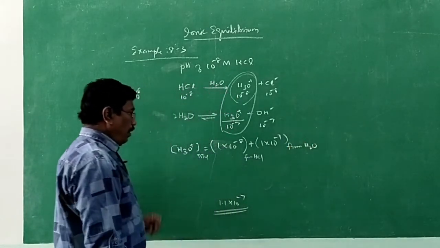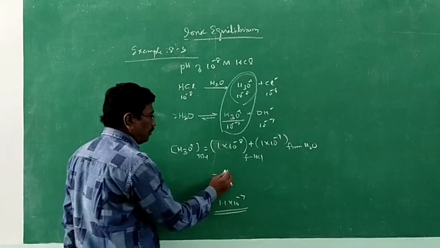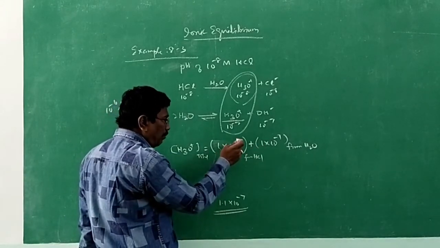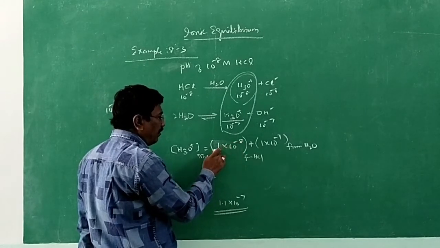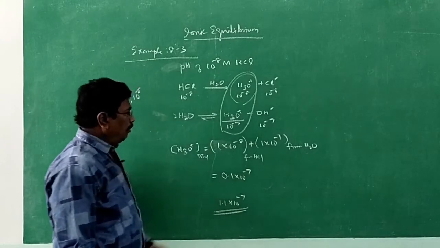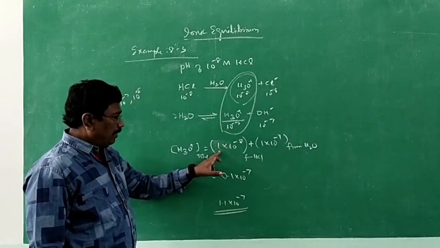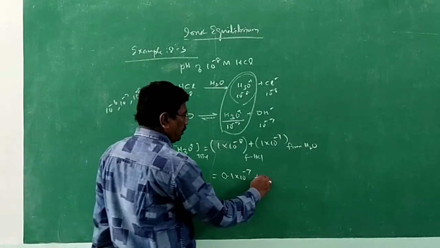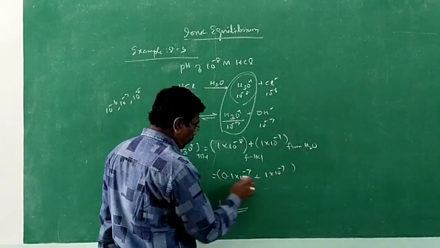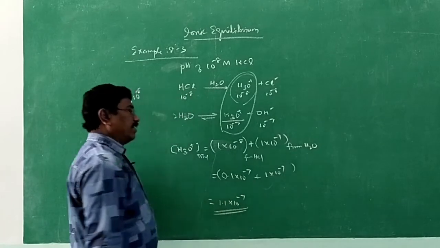If I sum up, the 10 power value should be equal. How can it be made equal? I can multiply by 10 and divide by 10. Therefore, 0.1 in 10 power minus 7 plus 1 in 10 power minus 7. If I sum up, 1.1 in 10 power minus 7 is the hydrogen concentration.